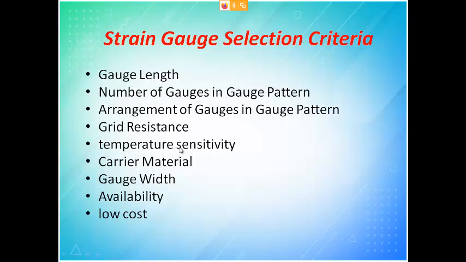So there are some selection criteria based upon temperature also. If you are going to use your gauge at high temperature, then you have to bring the temperature sensitivity down, which means you have to make such an arrangement that the strain gauge does not receive that high temperature.